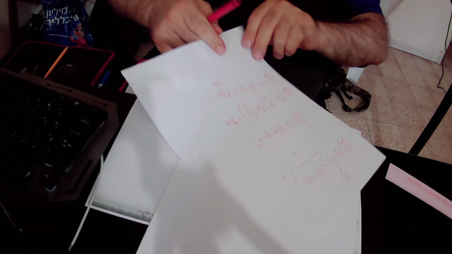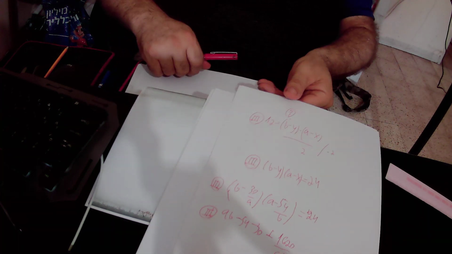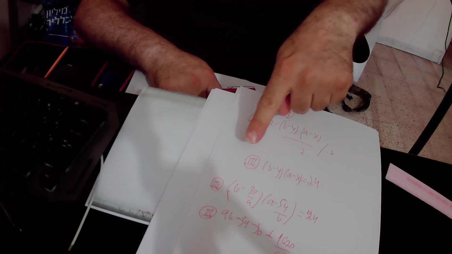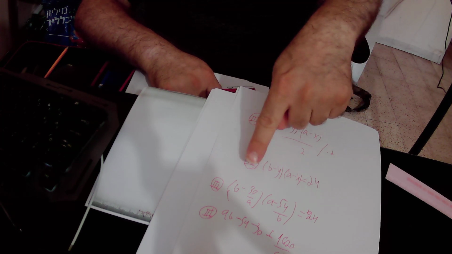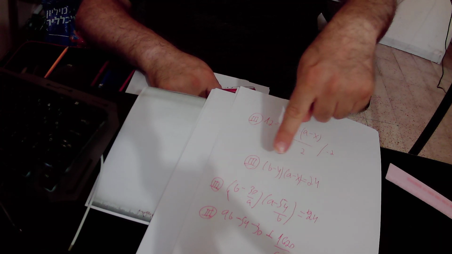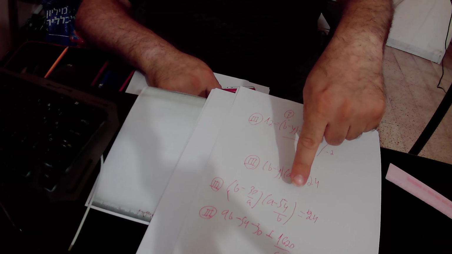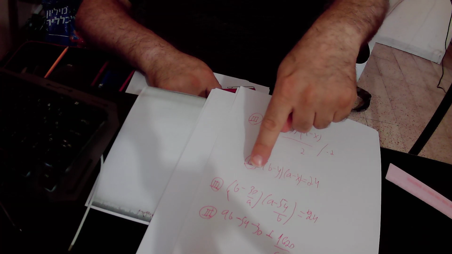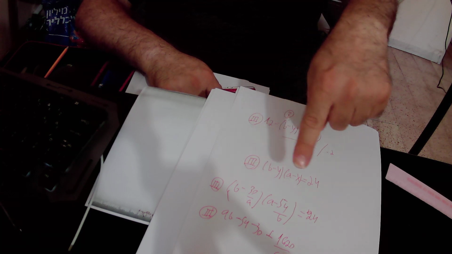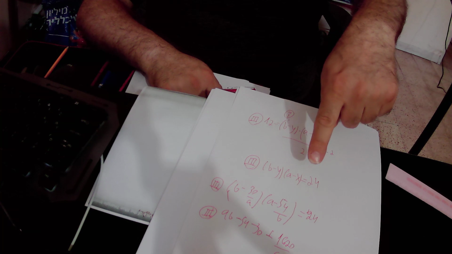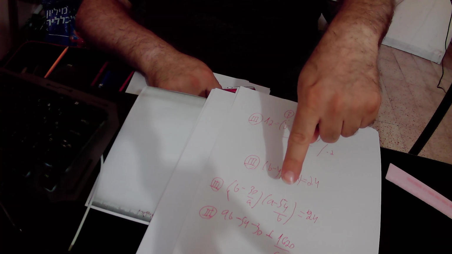Okay, so we actually opened the brackets here. B times a is ab, minus b times 54 over b is minus 54, because b divided by b is 1.